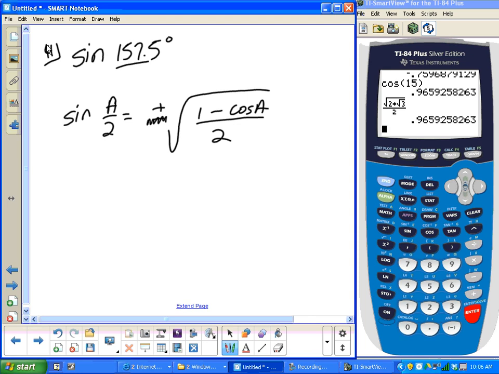Now let's figure out angle A. So let's try to find the angle on our unit circle that I can take and divide by 2 and get 157.5. So I think that's 315. Somebody check me. Is that right? Okay. So 315 divided by 2 would give you 157.5. So what we're going to use for angle A is that 315 degrees.